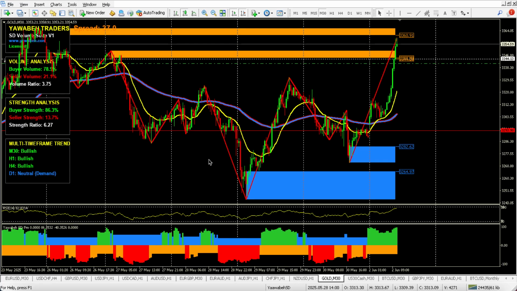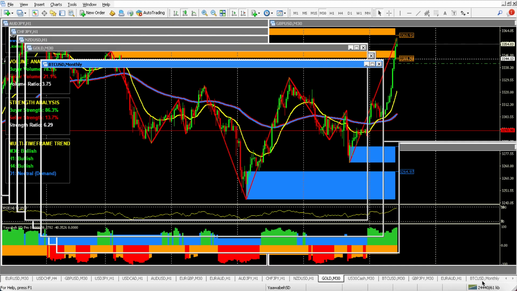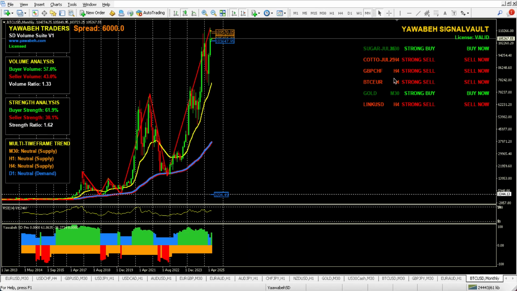That is also suggesting buy. So we reconfirmed the signal with the Yawabeh SignalVault data and found the signal valid.